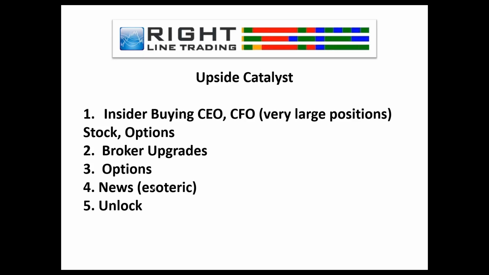Now, news is very, very important. And sometimes more esoteric news is more helpful than information released directly about the stock. And to give you an example, I was reading the Wall Street Journal, and I noticed that they had an article about our war campaign in Syria against ISIS.